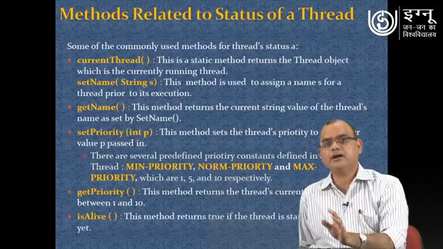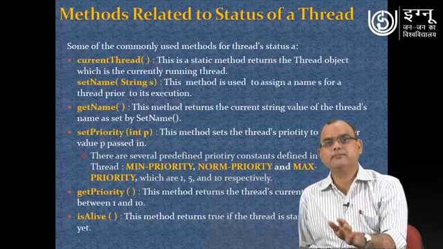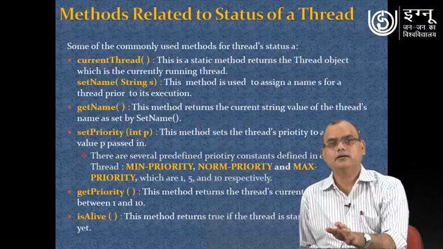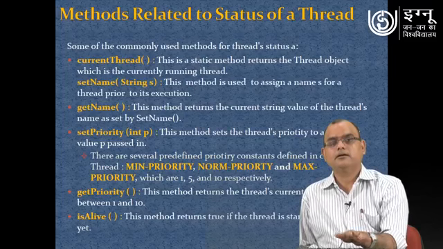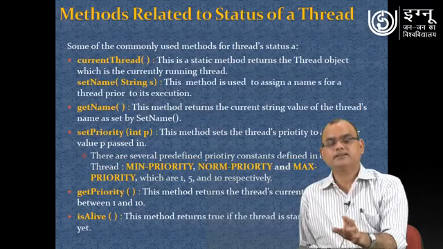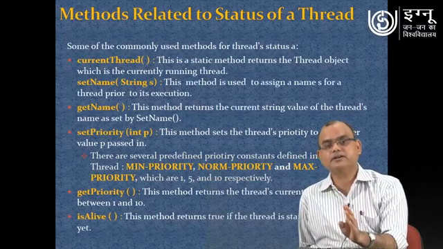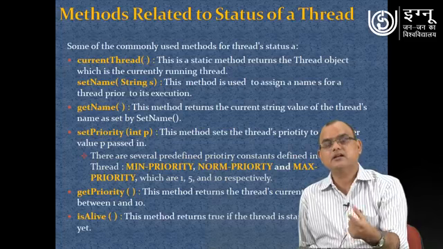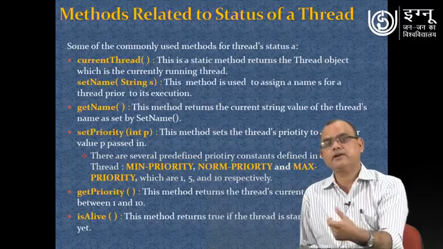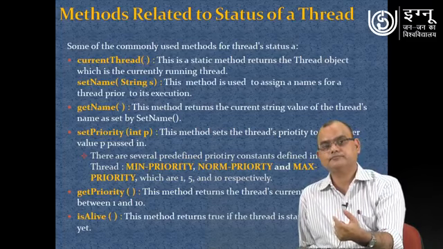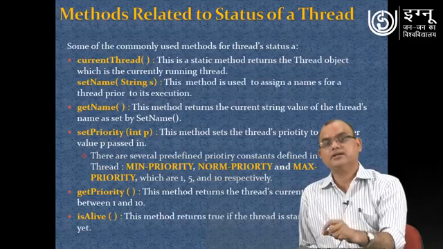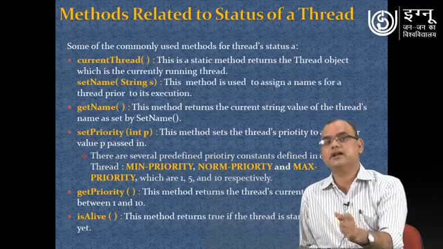And one very important method in this multi-threading programming is the thread priority. Thread priority is a concept associated with multi-threaded programming in Java, and it says that once you assign priority to different threads, then as per those assigned priorities, the threads will get executed.